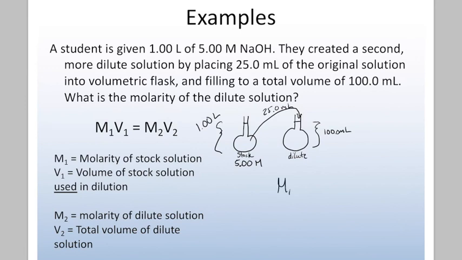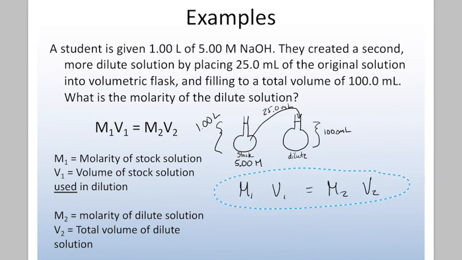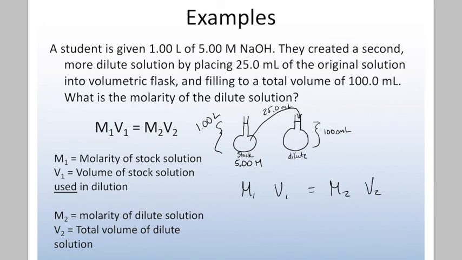All right, so M1V1 equals M2V2. We're going to go through and plug in the values that we need. So what are we going to use for M1? That's the molarity of the stock solution, so 5.00 molar, and multiply by V1. So what value should we use for V1?